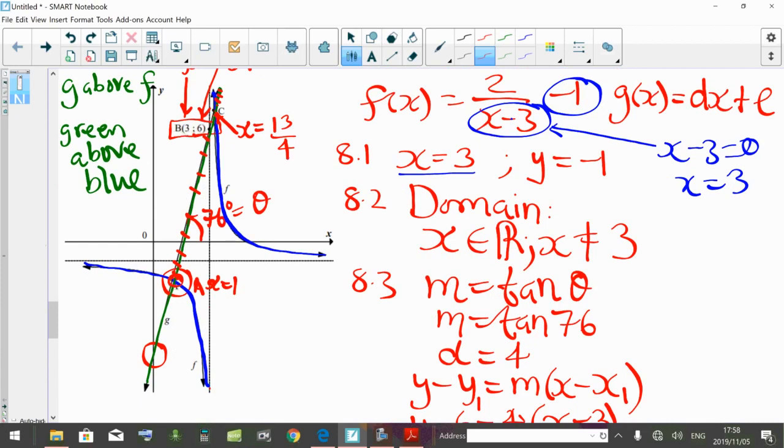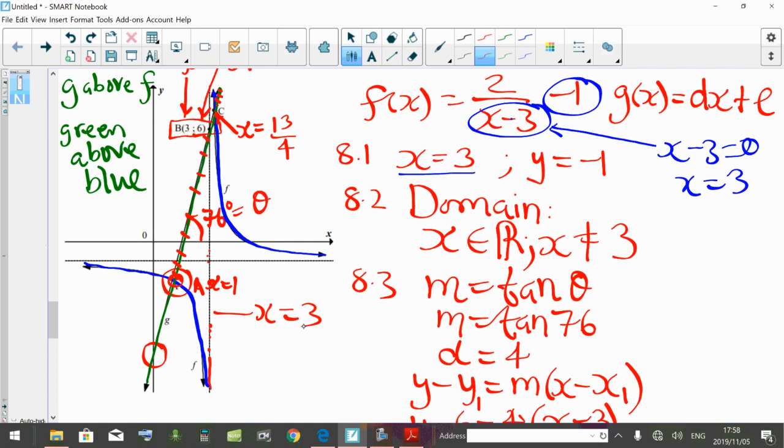And then this vertical asymptote, we already agreed that its x is equal to 3.